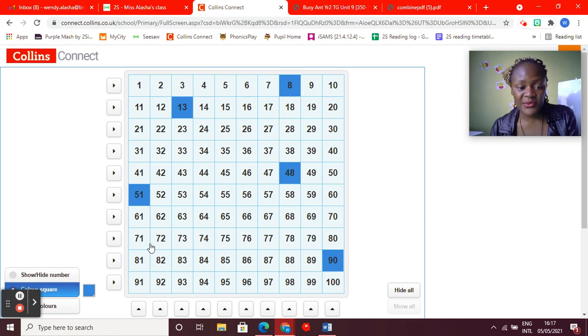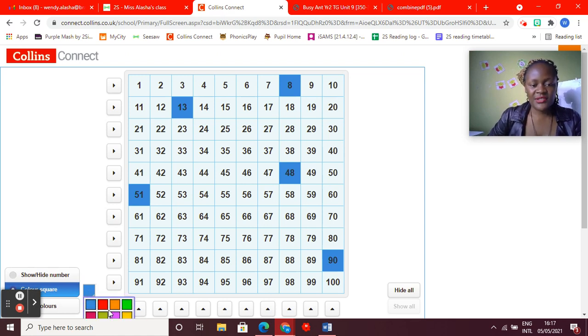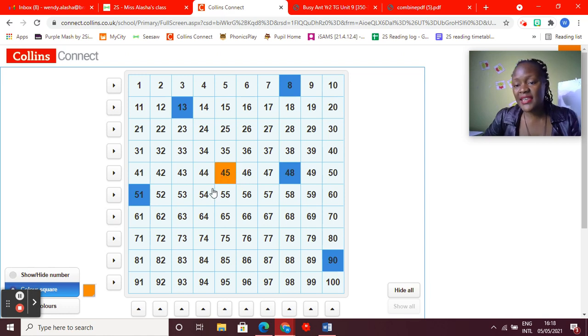That number becomes 45. Let's use a new color. From 48, 3 steps back: 47, 46, 45. The numbers are getting smaller. So 3 steps less than 48 is 45.